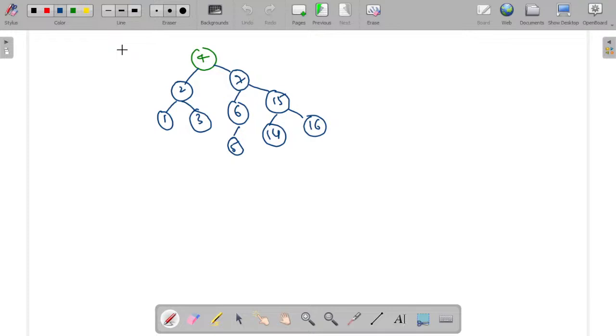So can we check the final answer by writing the tree in order? I don't think that is possible because we are not very sure which particular value is going to be a root node and which one is going to be a sibling node and all that. I did not try that, to be honest. Maybe it could work, but I never tried that. That I'm not very aware of, but this is how we perform the insertion operation.